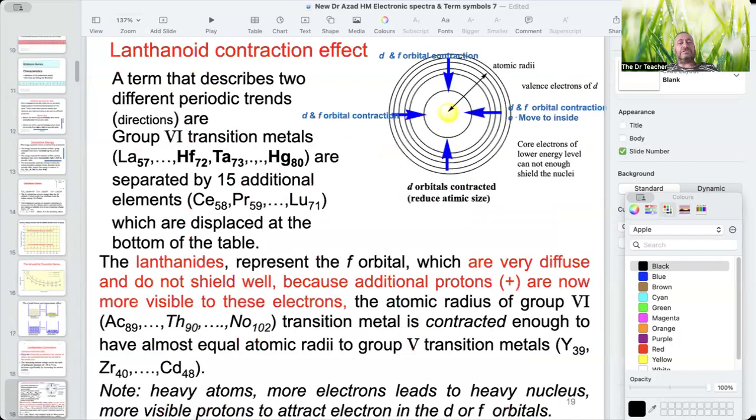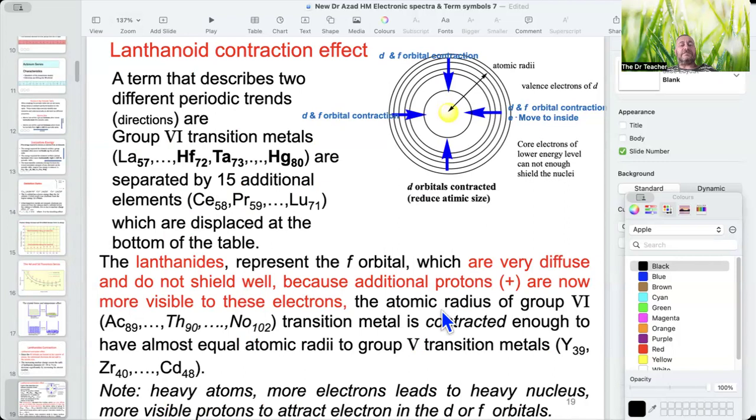So lanthanide contraction, what do we have here? In the lanthanoid group, separated by 15 additional elements, which are placed at the bottom of the table, the f orbitals are very diffuse and do not shield well, because the additional protons are now more visible to these electrons.